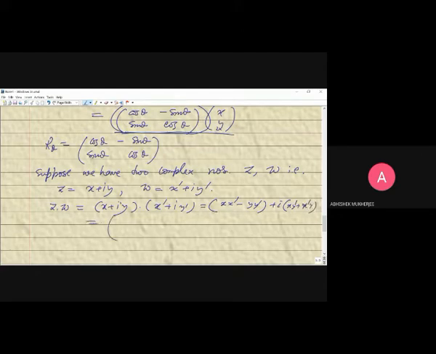So in terms of column matrix, it is (x x dashed minus y y dashed, x y dashed plus x dashed y).